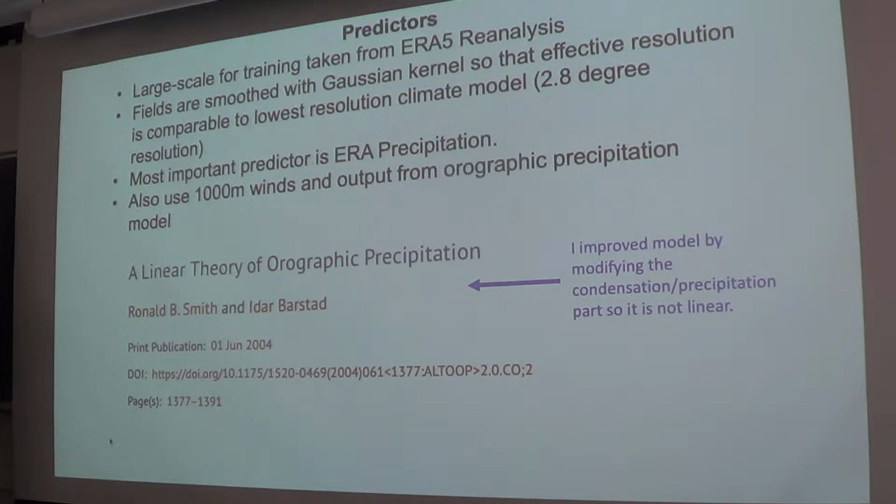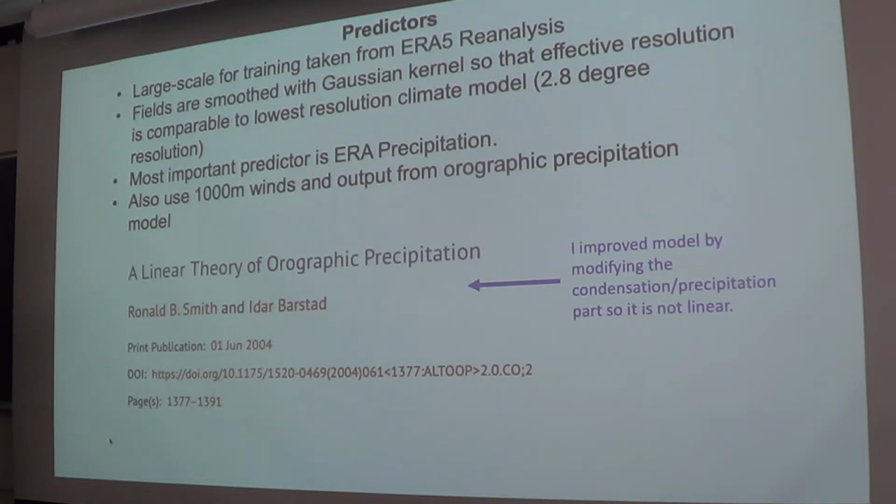So if you look at the details of PRISM, which is purely statistical, when they're dealing with precipitation, they smooth the topography with, I forget the exact number, but like a 5-7 kilometer smoothing. And this model naturally does it on its own based on the dynamics.